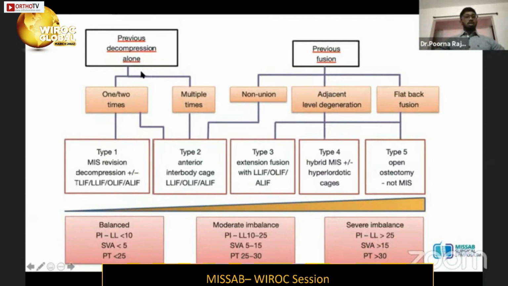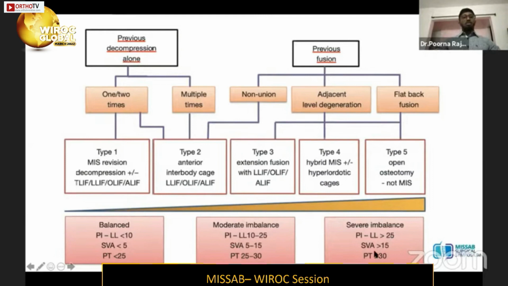Again, in this decompression category, as you can see on the screen, one or two times of decompression, and you can see in the baseline the sagittal profile they considered in formulating this algorithm for all these patients. For the sagittal profile, the pelvic incidence minus lumbar lordosis is normally more or less the same; if the difference is more than 25, they considered it a severe sagittal imbalance.